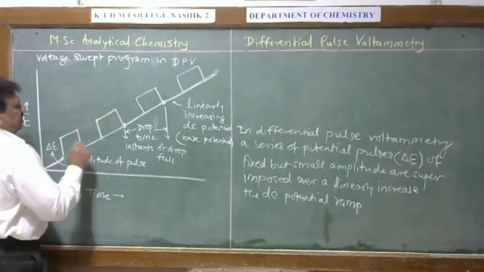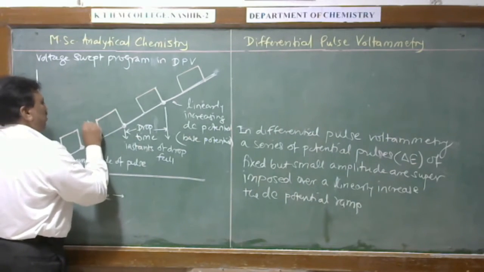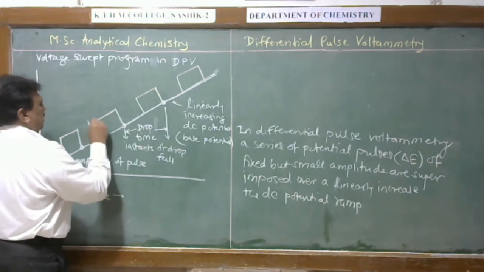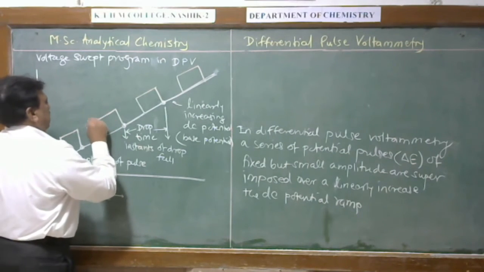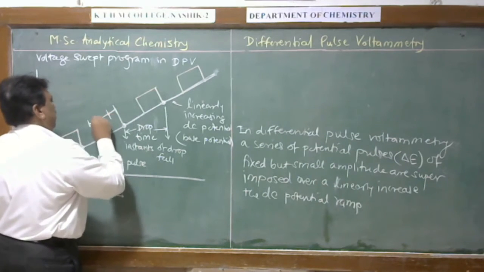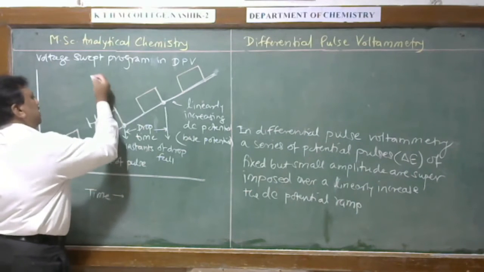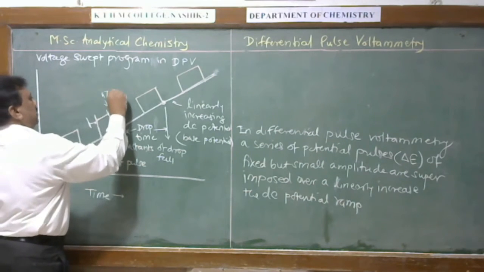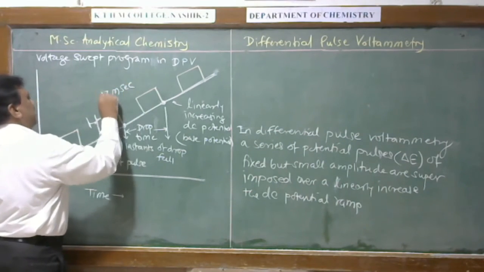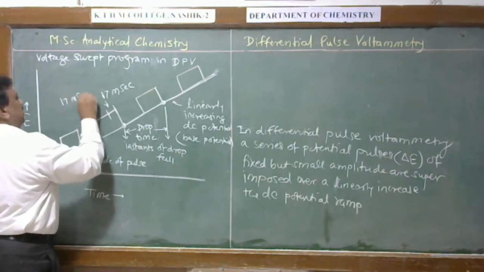Now how is current measurement carried out? One measurement is carried out just before the application of potential pulse, that is here, and another measurement is carried out at the end of the potential pulse. This is 17 millisecond, and this is also 17 millisecond.